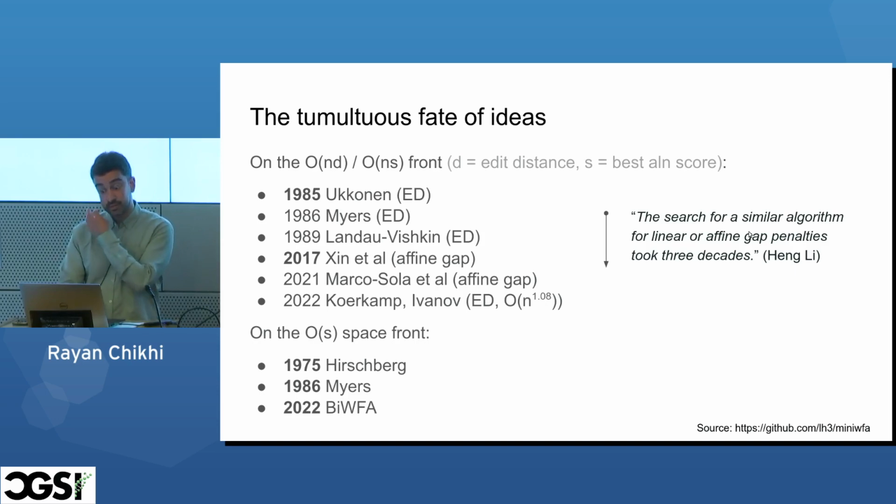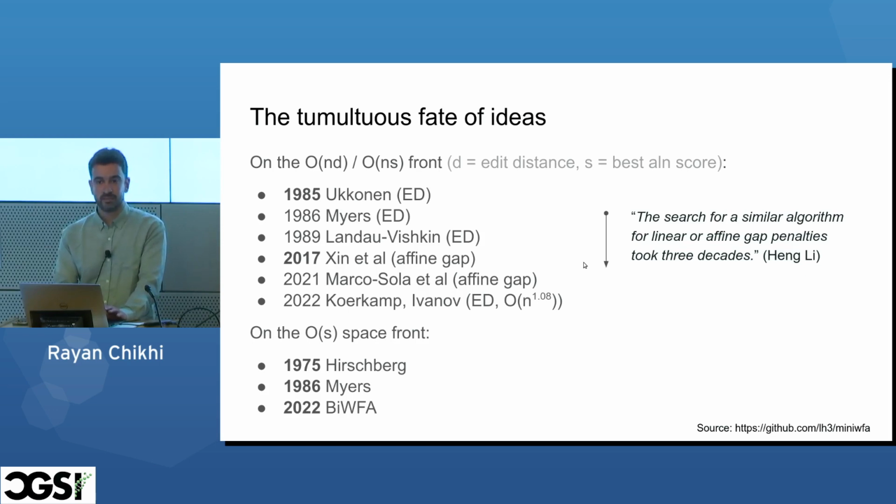And what is really interesting for WFA is the history of this algorithm. So since 1985, 86, there has been no method that could extend alignment algorithms to affine gap penalty in O of NS time. So it took 3 decades, as Heng Li said, for an algorithm to be found.